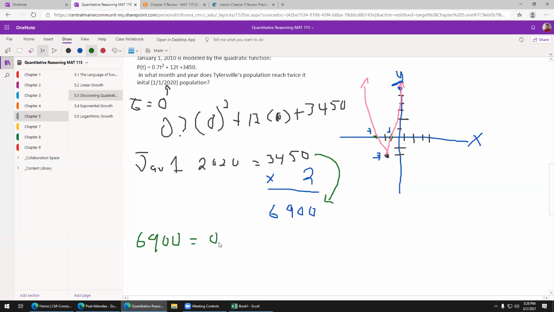And now I put 0.7t squared plus 12t plus 3450. And then, like I said at the beginning of this, the first thing we have to do is make this thing equal 0 again, right? So how do I do that? I subtract 6900 from both sides.